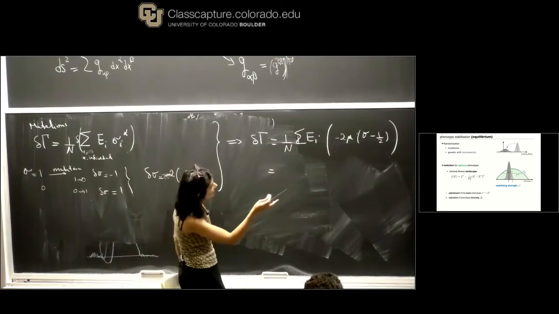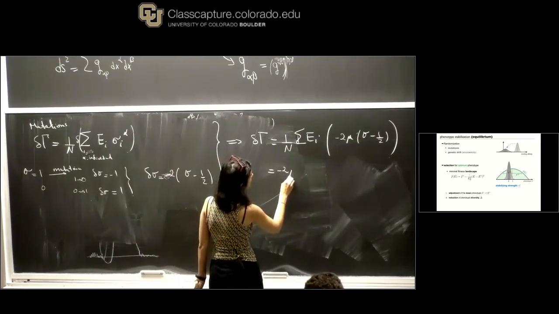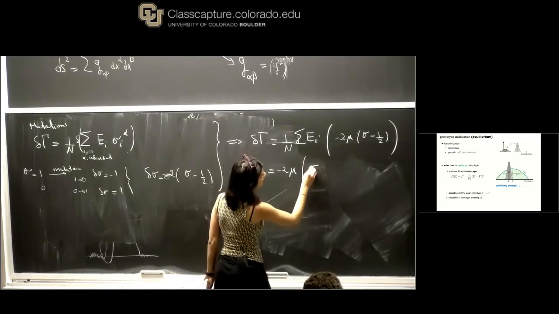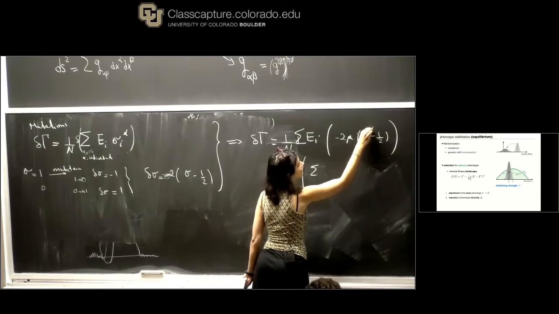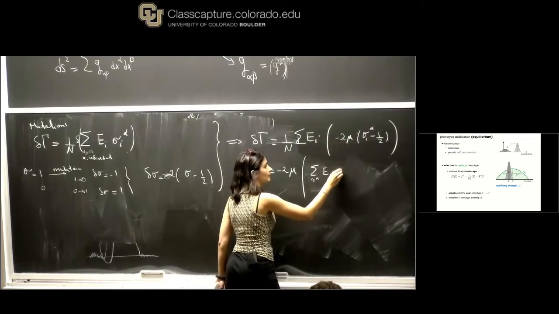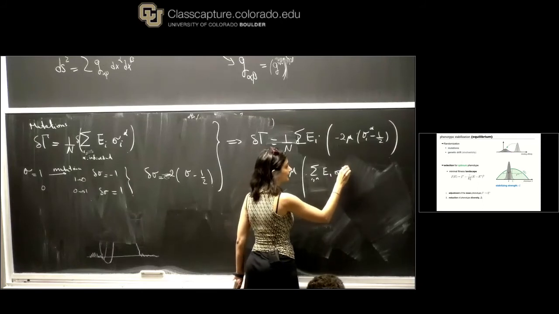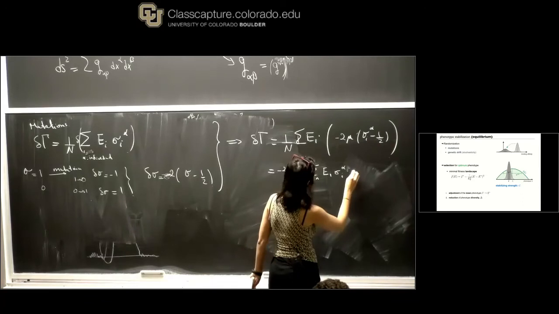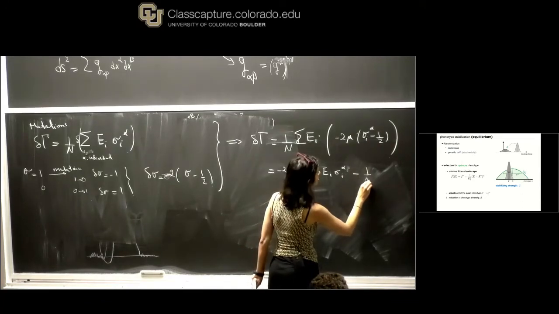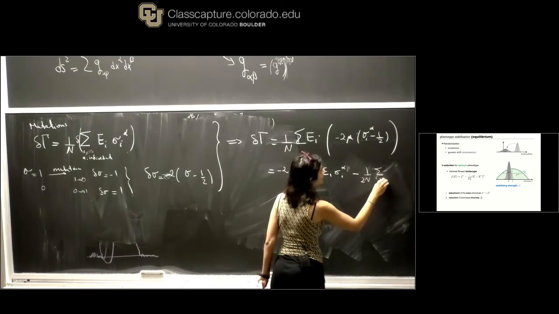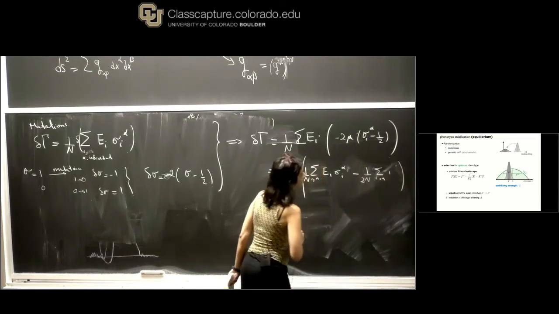So I take out minus 2 mu. Sigma_i alpha, so E_i sigma_i alpha, 1 over N, minus 1 over 2N sum over i and alpha of E_i.